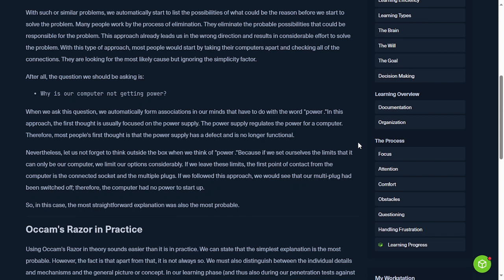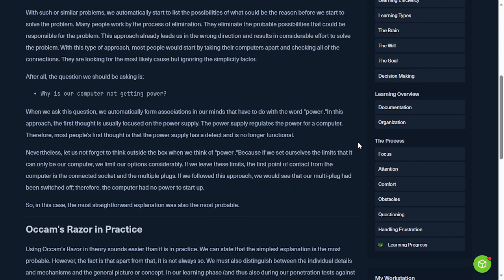When we ask this question, we automatically form associations in our mind that have to do with the word power. In this approach, the first thought is usually focused on the power supply. The power supply regulates the power for a computer. Therefore, most people's first thought is that the power supply has a defect and is no longer functional.